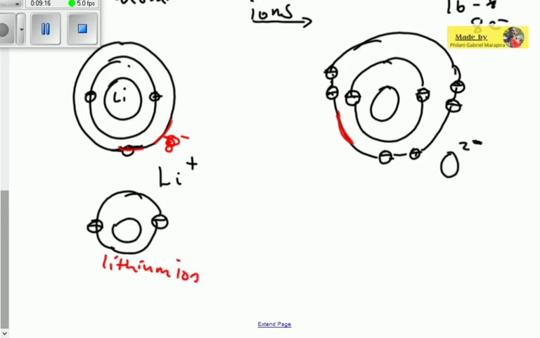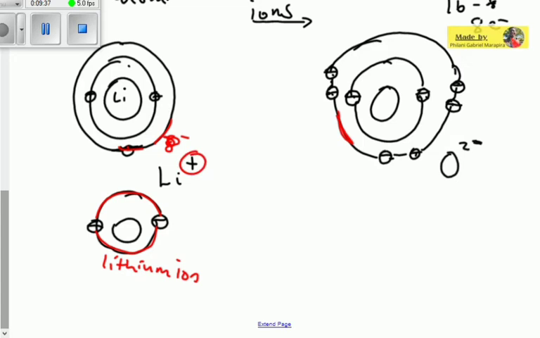This is the lithium ion because it has lost 1 electron. Why did it lose 1 electron? To maintain a stable structure. Now the structure is stable in this way. So this ion is a result of the losing of an electron.